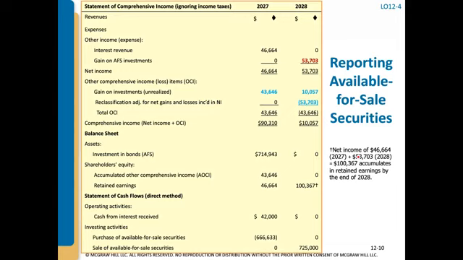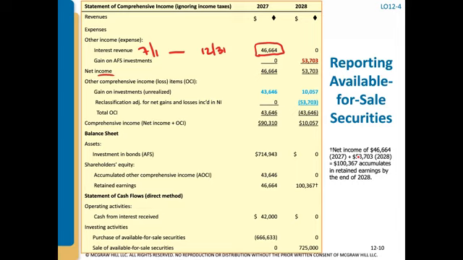Let's look lastly at the actual financial statement presentation for 2027 and 2028. So for 2027, for the 7/1 through the 12/31 period, we recognized interest revenue of $46,000. That was in the video where we went through the effective interest method. And then we had this gain.